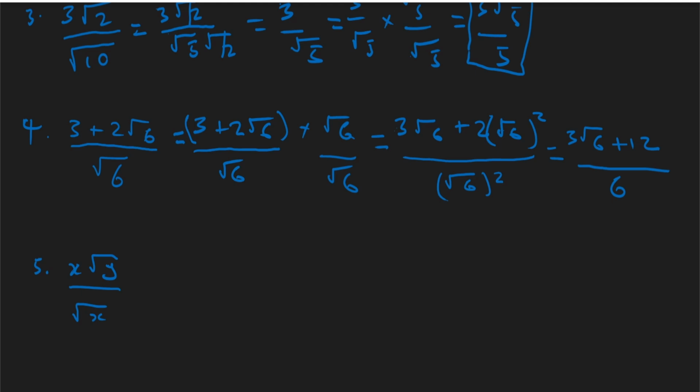Which is 3. So this can be further simplified. 3 goes in 3 once, you don't need to write the 1. So we have the square root of 6 plus, 3 goes into 12 4 times, and 3 goes into 6 2 times. That's it.